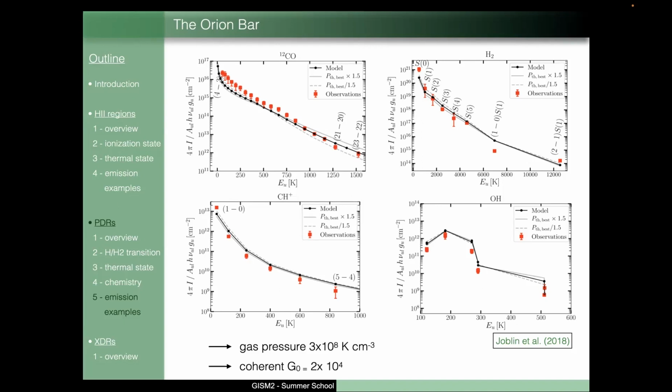There is no discrepancy at this level. Then you can refine your model as much as you want, but it's quite remarkable to have this kind of description. And this is obtained with a typical gas pressure of 3×10⁸ K per cubic centimeter, adopting a radiation field which is coherent with the radiation field generated by the Trapezium cluster.